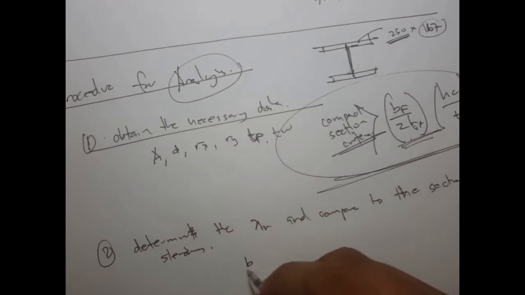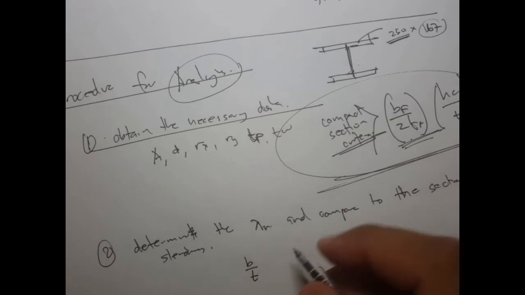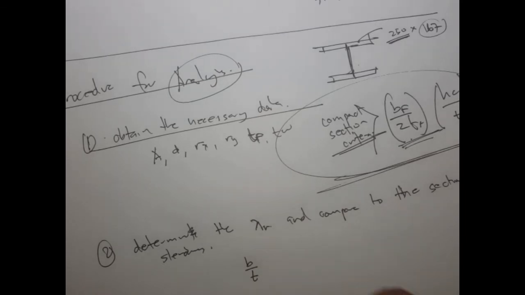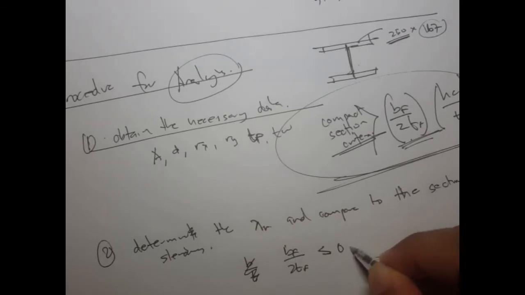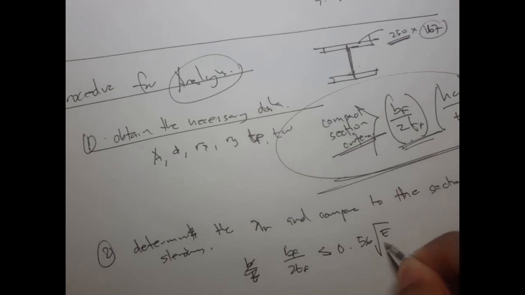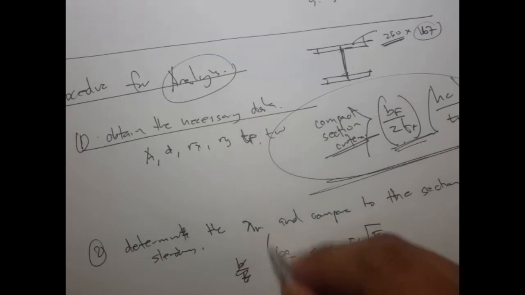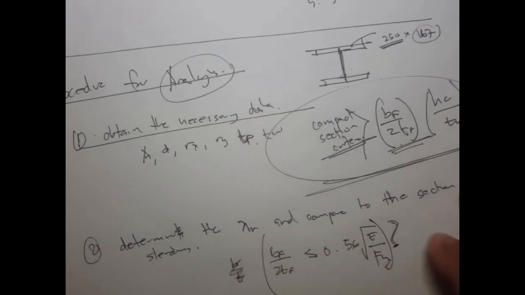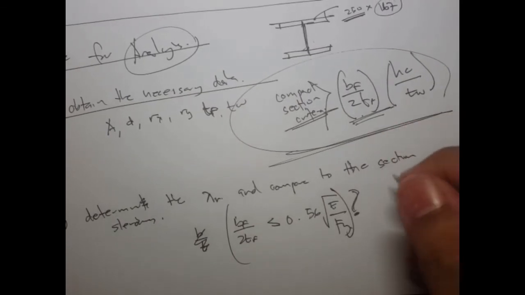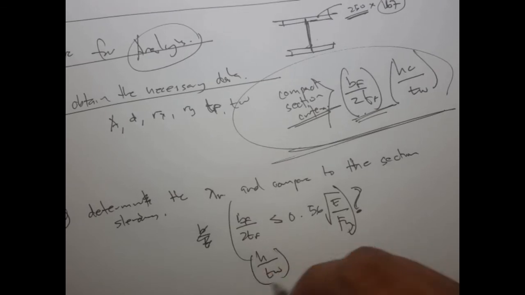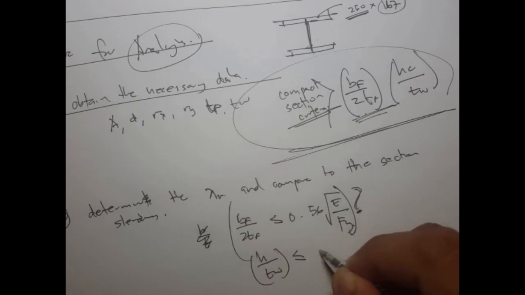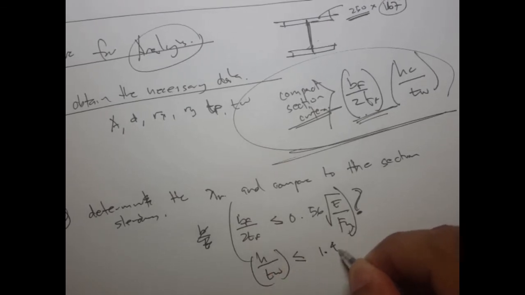Is bf over 2tf less than or equal to 0.56 square root of E over Fy? Or if you check the web element, is h over tw less than or equal to 1.49 square root of E over Fy?